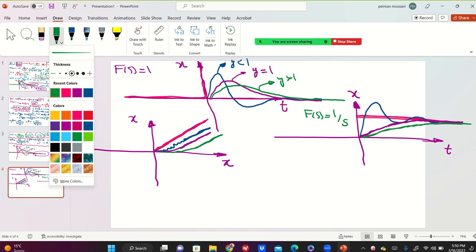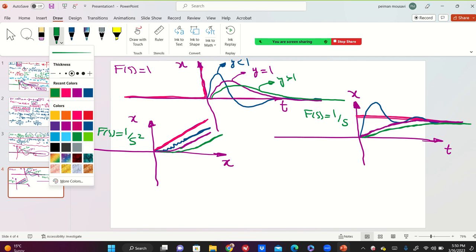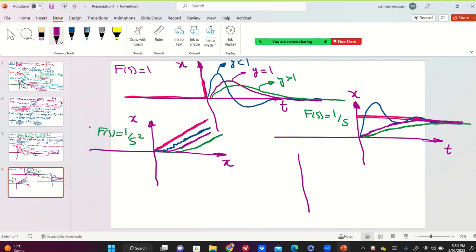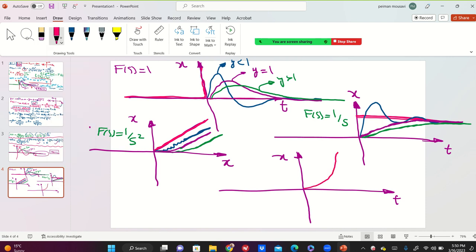And f of s was ramp, 1 over s squared. Now, if I want to plot it versus a parabolic as input, this is parabolic.